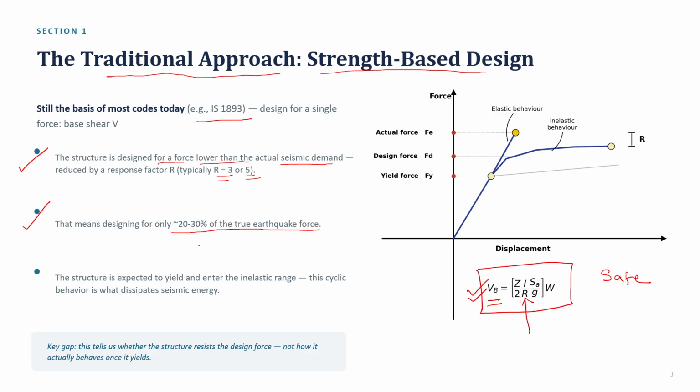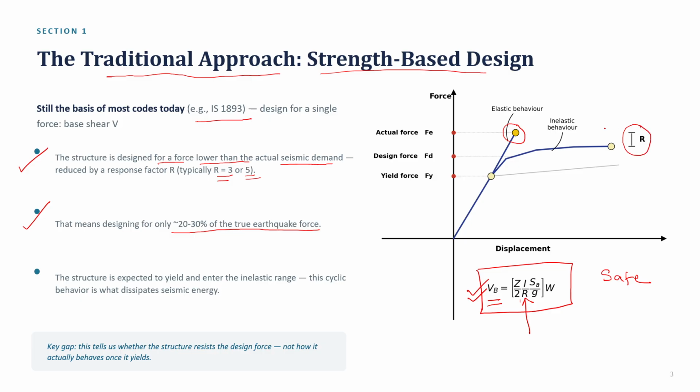Now you may have another question in your mind, why reduce it? Actually the philosophy is, here you can see this is the actual earthquake force, but we are applying some reduction.